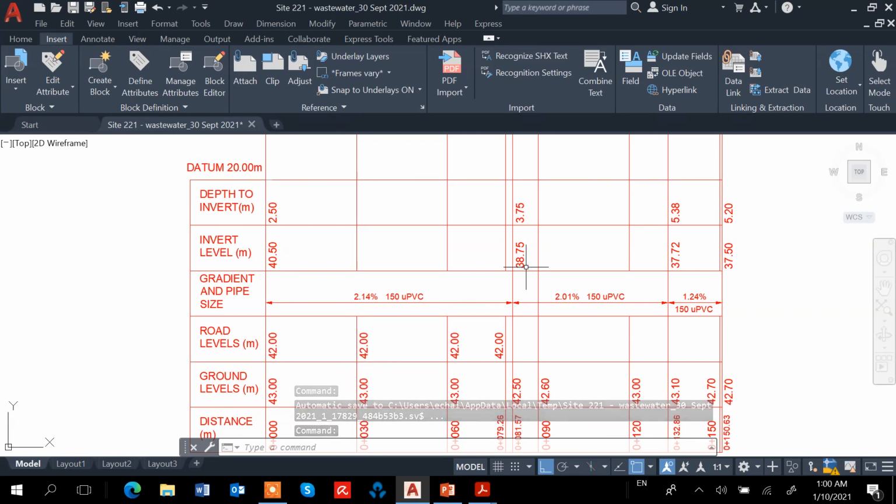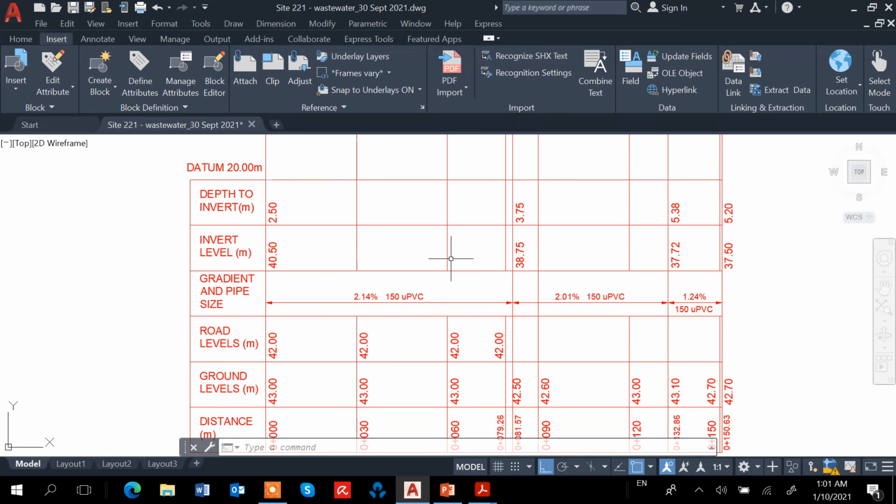So 40.5 minus 38.75 gives me 1.75, and then you divide by the horizontal distance, which is 81.57. That gives me 0.02121421. So multiply by 100, that gives me 2.145.